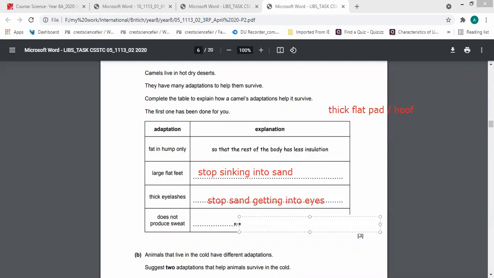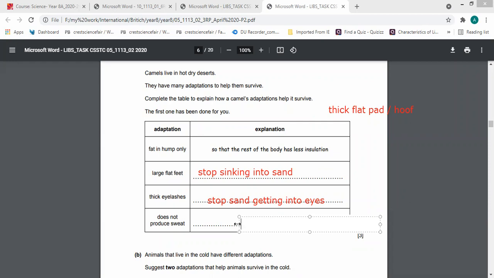Doesn't produce sweat. Pay attention to this point. Camels can live in desert sand without water and food for many days, because camels have the ability to store the water and the food inside their body, especially in the hump.